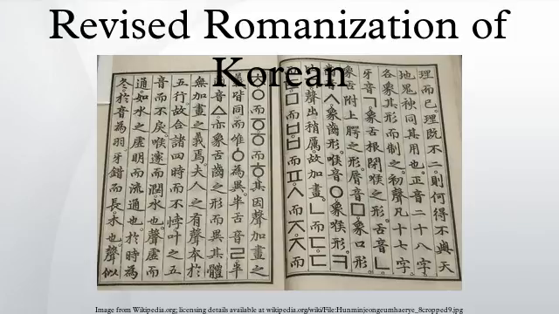Usage. Similarly to several European languages that have undergone spelling simplifications, the revised romanization is not expected to be adopted as the official romanization of Korean family names, and few people have voluntarily adopted it.